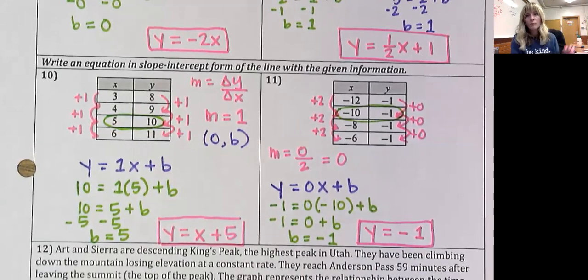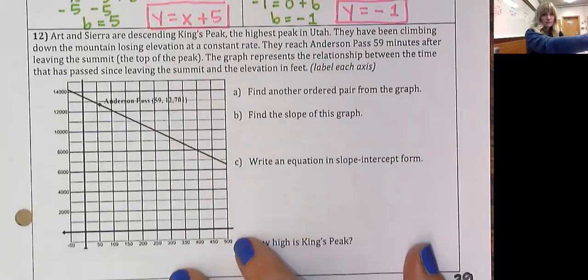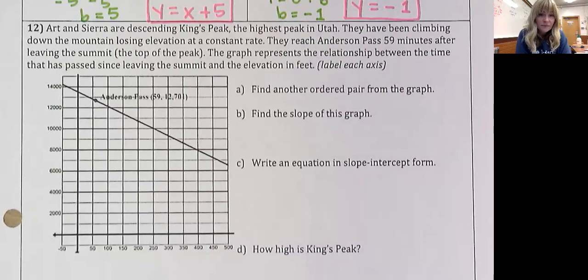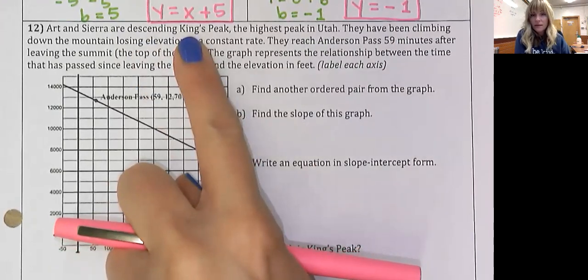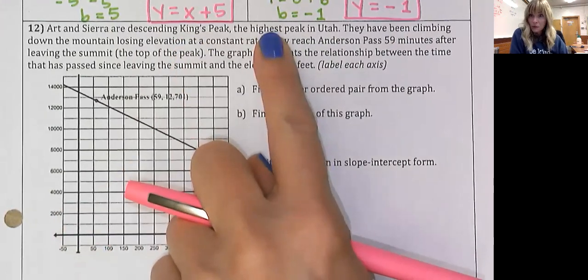Okay, one more big word problem here, and then you guys are going to practice a lot of writing equations on your Canvas quiz. So let's take a look at this big thing down here. Question number 12. Art and Sierra are descending Kings Peak. That means they're at the top and they're hiking down, which is the highest peak in Utah. Look it up.